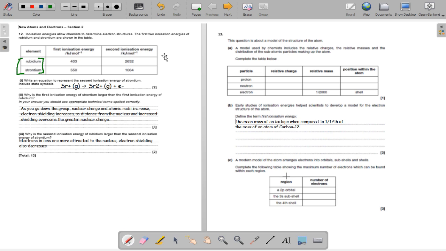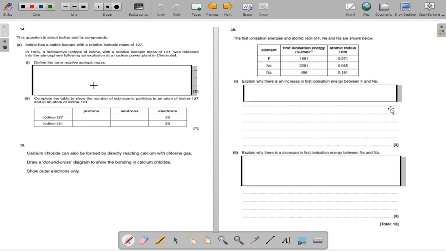And the 2p orbital contains 2 electrons, the 3s subshell contains 2 electrons, and the 4th shell contains 32, as the electron configuration goes 2, 8, 18, and 32.